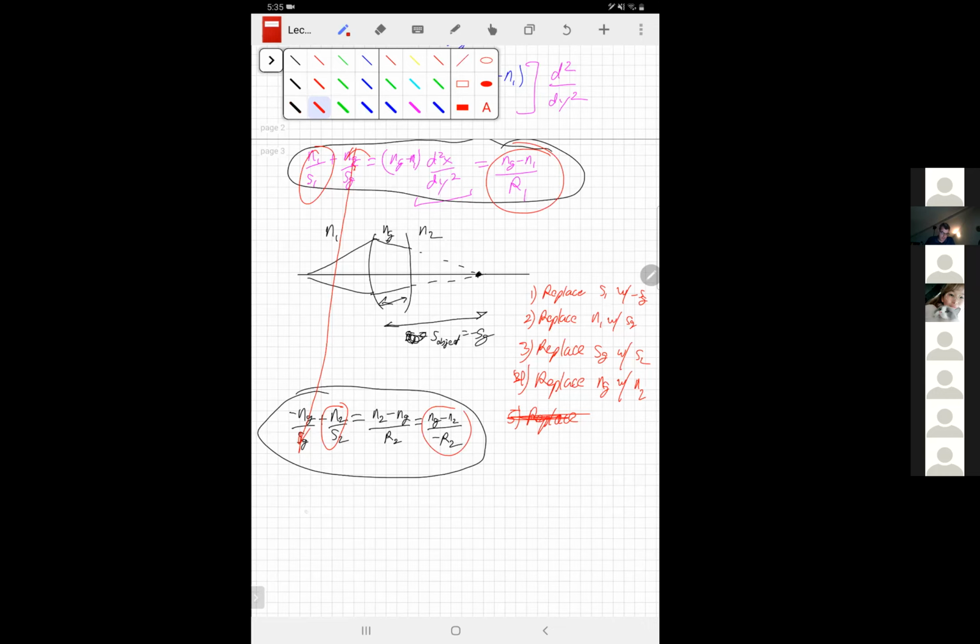So on the left side, we get N1 over S1 plus N2 over S2 equals NG minus N1 over R1 plus NG minus N2 over negative R2. Any questions?